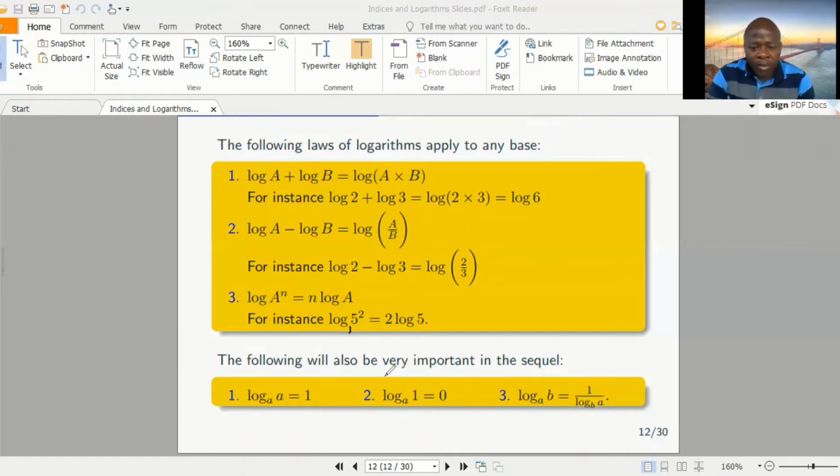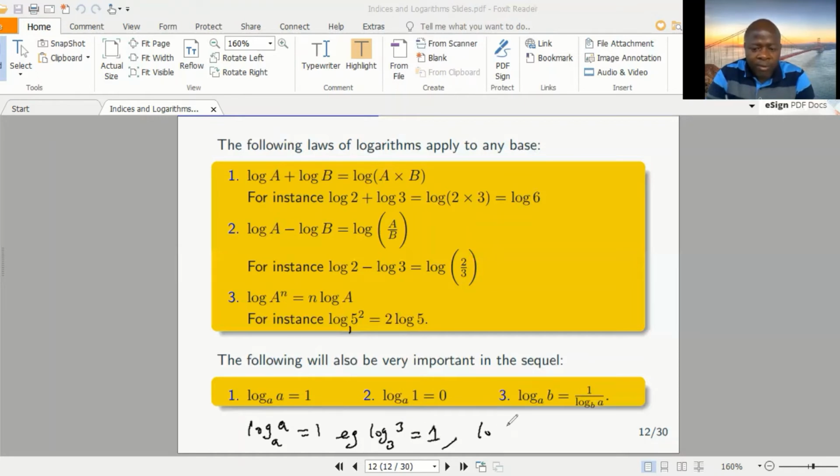And the other important thing that I want us to note that we'll be using is that the log of a number to the same base is 1. So the log of a to the same base. For example, if I'm given the log of 3 to base 3, the answer should be 1.